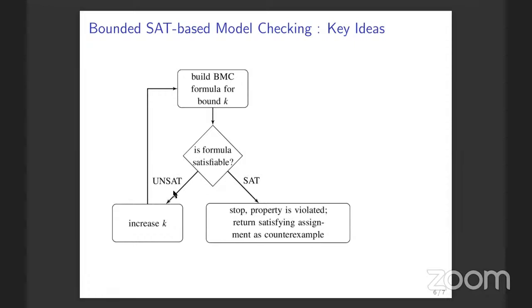If you can come up with a bound on the length of the lasso-shaped counterexample paths, a bound on some metric of that lasso-shaped path, that will guarantee that after it you won't find any counterexamples to that property, then you can also make this SAT-based model checking complete.